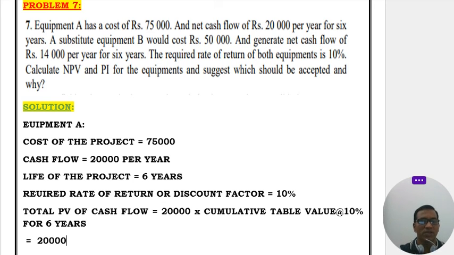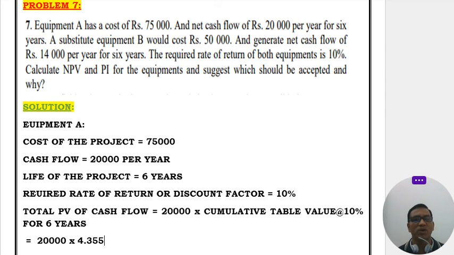That is 20,000 multiply with, go to the annuity table. In the annuity table, 10% column, take the 6th year value. 6th year value in the annuity table is 4.355. When the cash flow is uniform, every year the same, no need to prepare a table, no need to calculate every time with first year table value, second year table value, third year table value, no need of calculating.